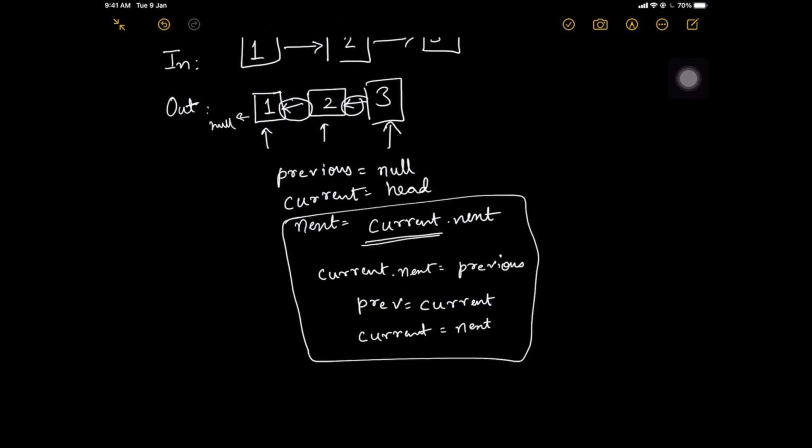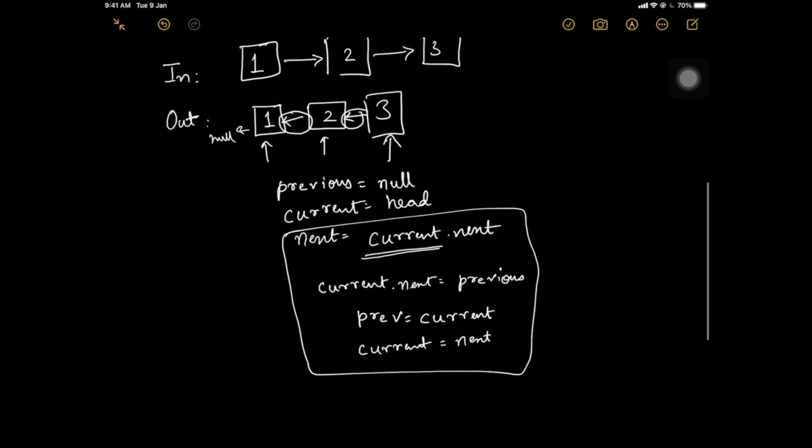Let's dry run and understand. Previous was null, current is head, which in this case is 1, and next is current dot next, which is 2. So current dot next becomes previous, so we already have 1 to null, right?